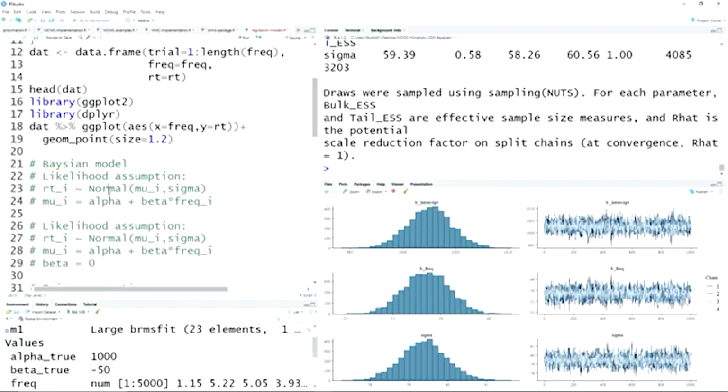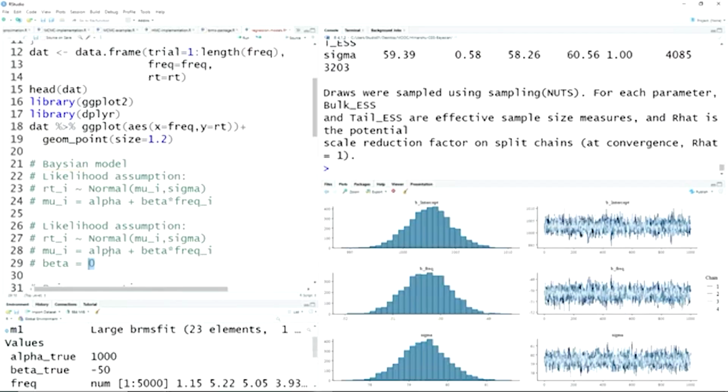If you compare this model against that model, and if your model wins, which assumes a non-zero value of beta, then you can make a claim that there is some effect of frequency, because a model that assumes there is an effect of frequency explains your data better than a model that assumes there is no effect of frequency. Okay, so we are collecting evidence against a model which assumes there is no effect of frequency.